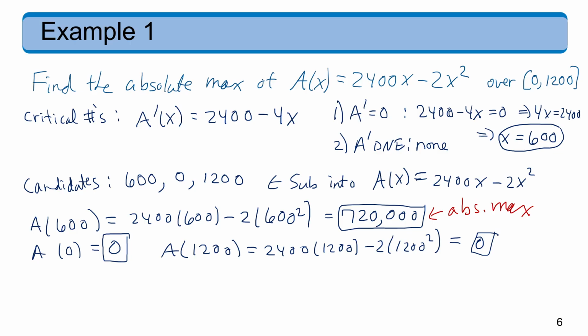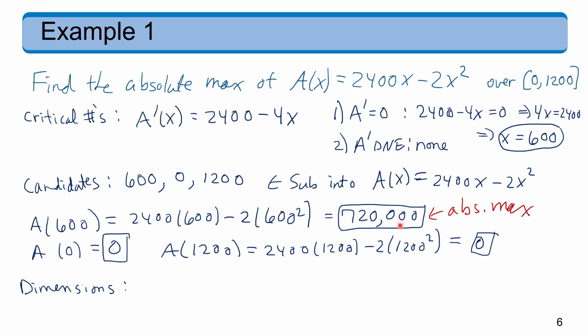Now let's take that information and clearly answer the question. The question here was, find the dimensions that give us the maximum area. The 720,000, that's the area, that's A of 600 equals this.